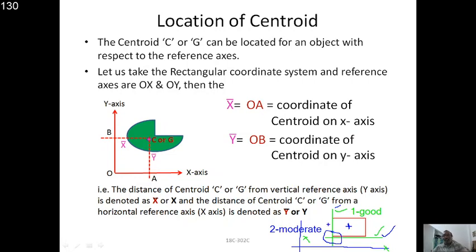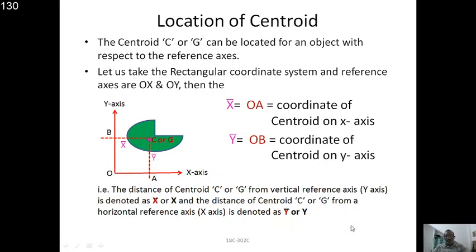So how can you refer to this point? Talking about this, how are you going to refer to this point of the centroid? So you now understood that the better way is to take the reference axis very near to, or touching, the object.